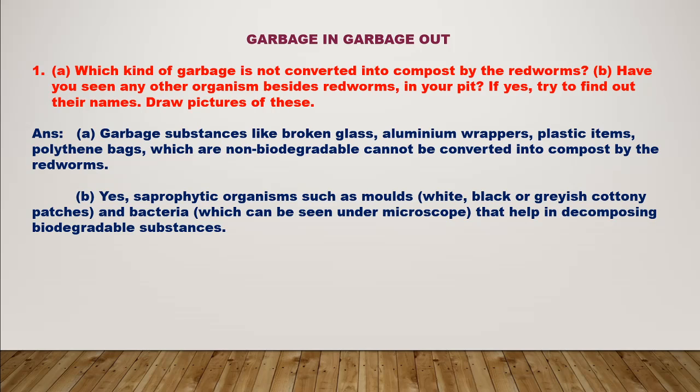They don't decompose, they don't rot on their own. So, what are the examples? Like broken glass, aluminium wrappers, plastic items, polythene bags. These are the non-biodegradable items that cannot be converted into compost by redworms.